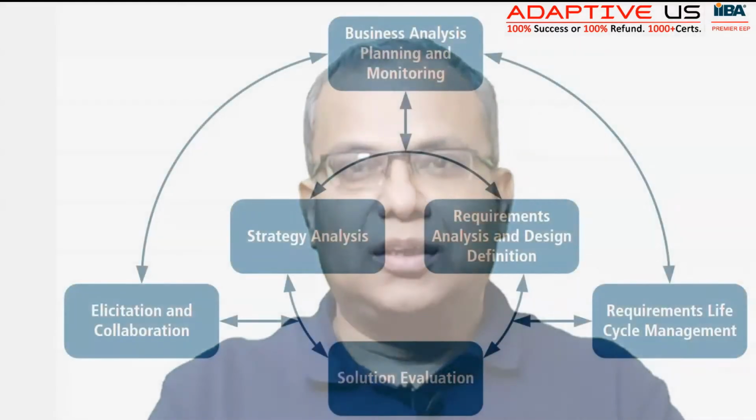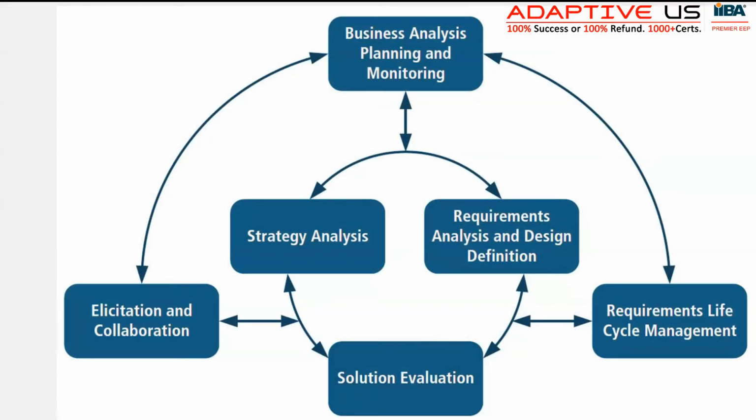Some of you may wonder how come strategy analysis is not the first knowledge area and why it is kept a little bit away from the progress point of view. So please remember, when BABoK is talking about strategy analysis, it is primarily interested in IT change strategy analysis.